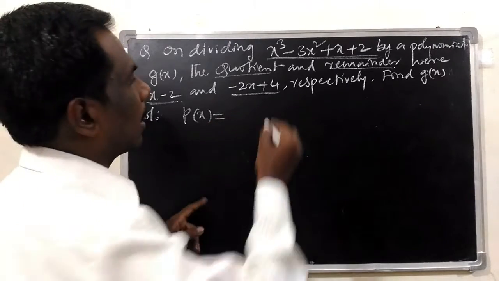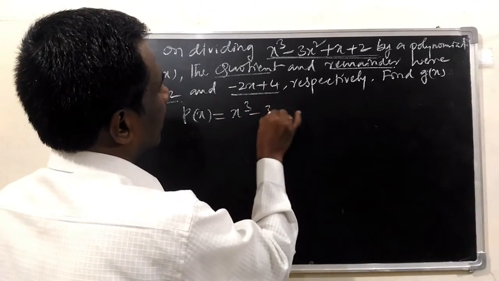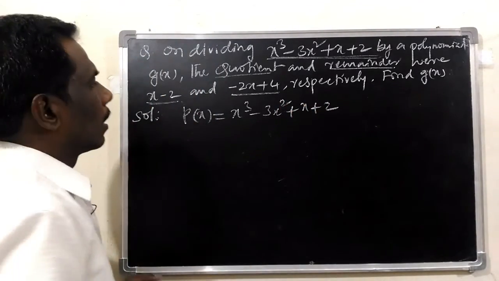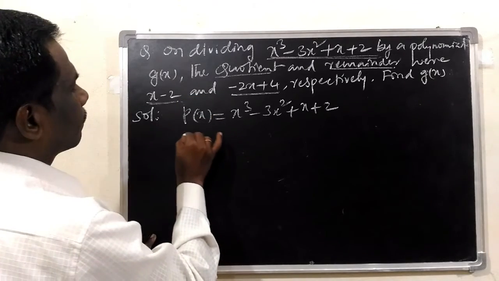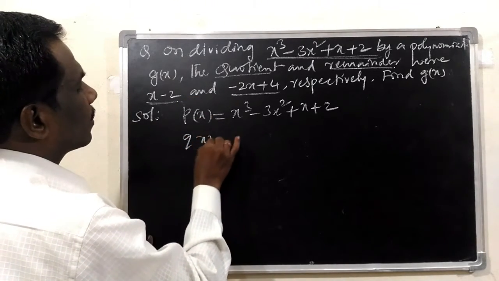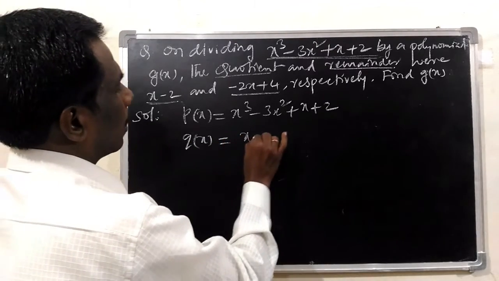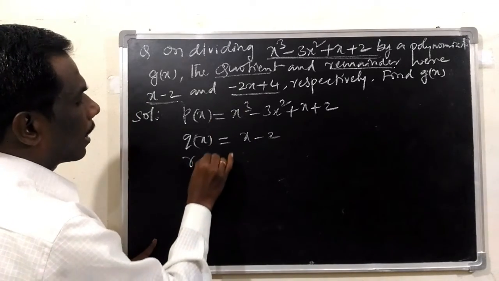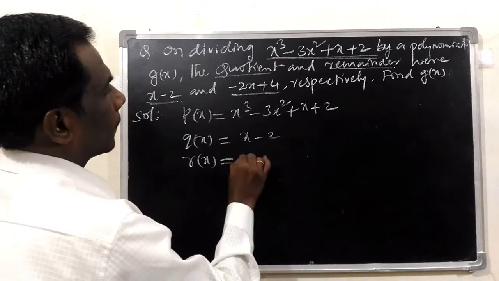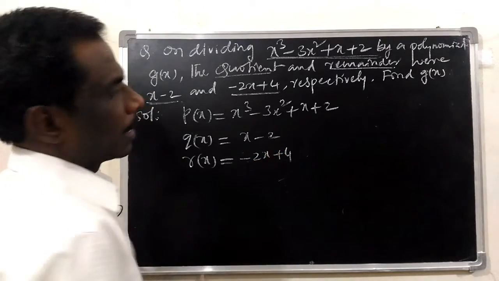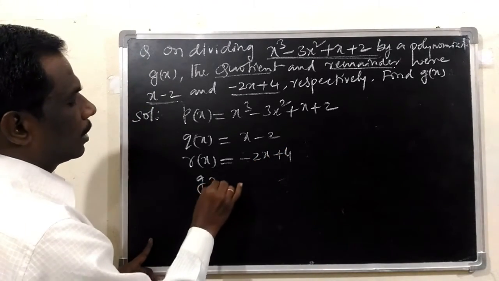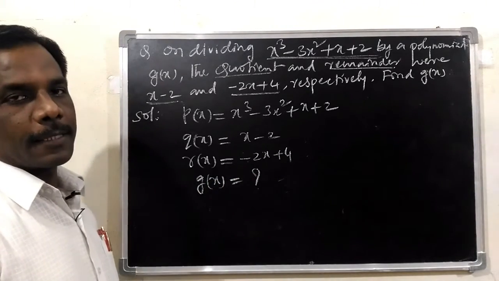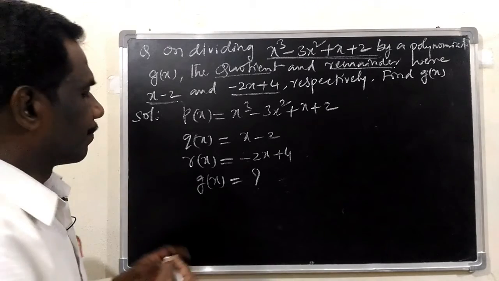The dividend value is given as x cube minus 3x square plus x plus 2, and the quotient q of x is x minus 2, and the remainder r of x is given as minus 2x plus 4. Then we have to find g of x. This g of x we will find by using the division algorithm.